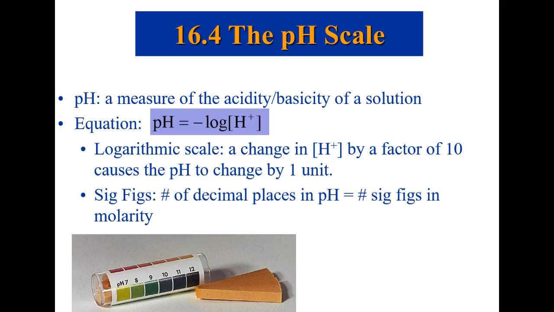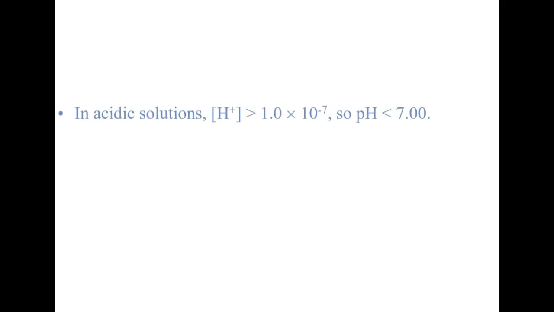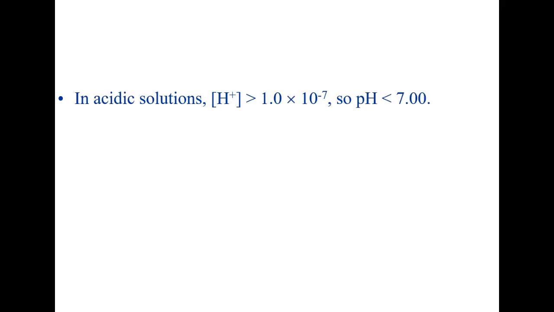If we reference the values for the pH scale and what they are telling us, in acidic solutions, if the concentration of H plus is greater than 1 times 10 to the negative 7th, the pH will be below 7. And if you put into your calculator negative log 1.0, use the EE button and put in negative 7, you should get a pH of 7.